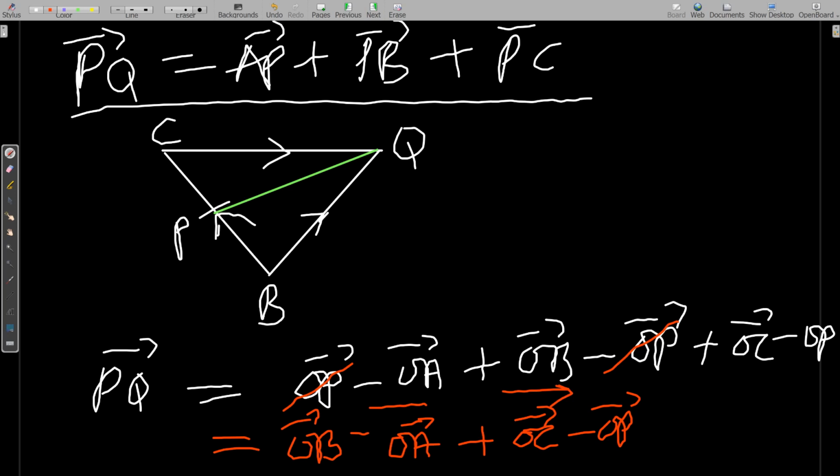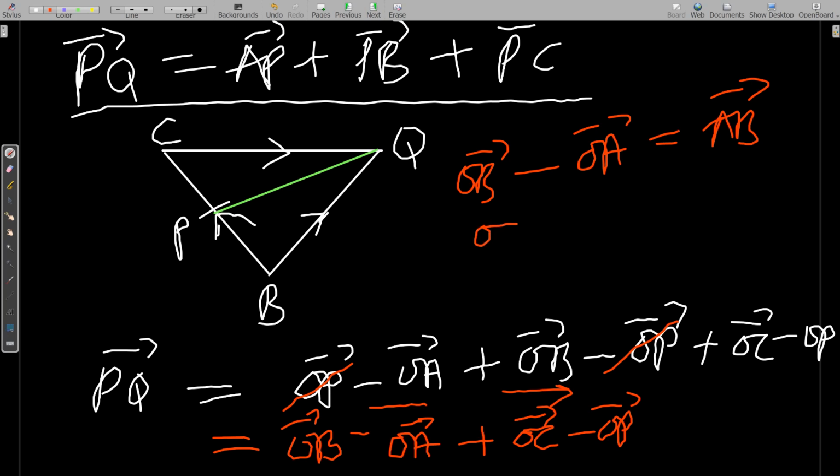Now OB minus OA is the same as AB, and then OC minus OP in terms of position vectors can be written as PC. I hope you understand this.